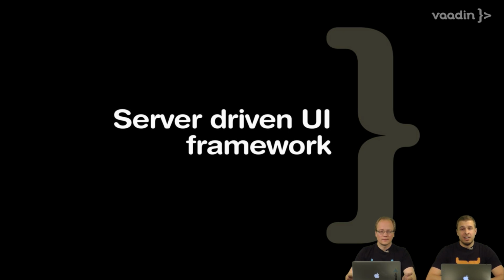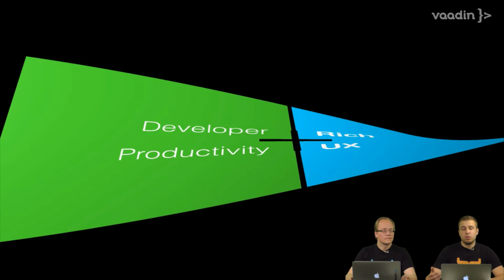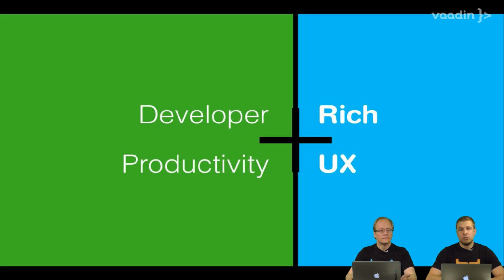But more to the point, Vaadin is a server-driven UI framework. And what Vaadin tries to provide for you are two core value propositions, two key business values, which are developer productivity as well as rich user and developer experience. Vaadin provides developer productivity by a very high abstraction level, component-based API, so developers who are familiar with component-based user interface development feel right at home with Vaadin.